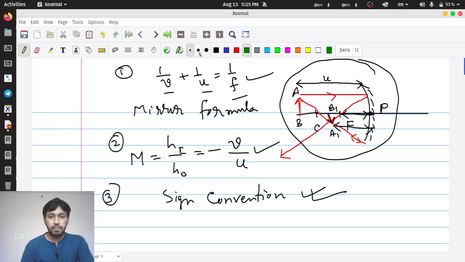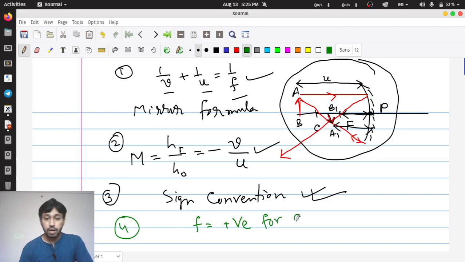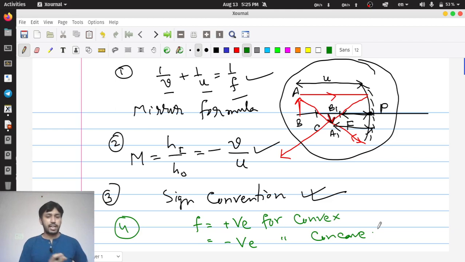Here I have mentioned, number 4, one rule you have to remember: the focal length will be taken as positive for a convex mirror and negative for a concave mirror. So if the mirror is convex, take F as positive, and if the mirror is concave, take F as negative. This is the rule.